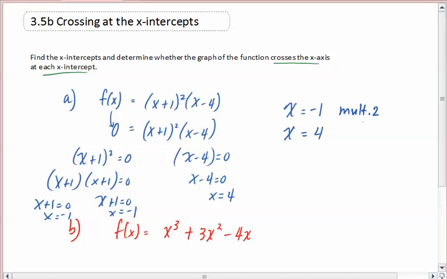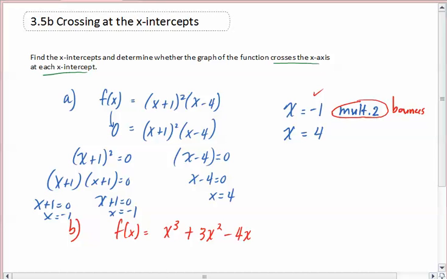Okay, so here's what we know. When I have a multiplicity that's even, meaning 2, 4, 6, 8, then that means it bounces off that x-intercept. It really does touch it, so it really is an x-intercept. It does intersect the x-axis, but it bounces instead of going through.